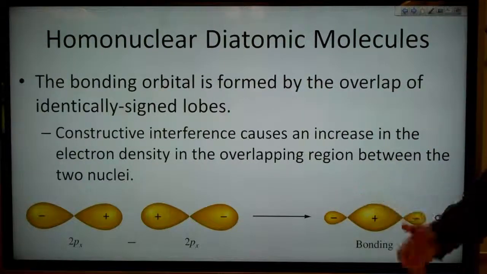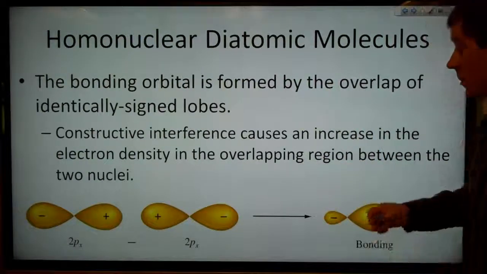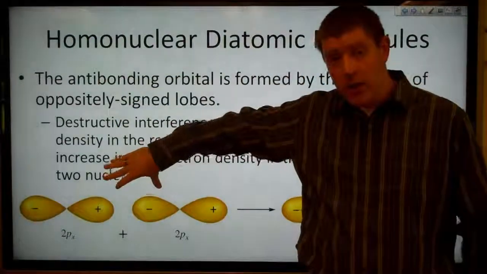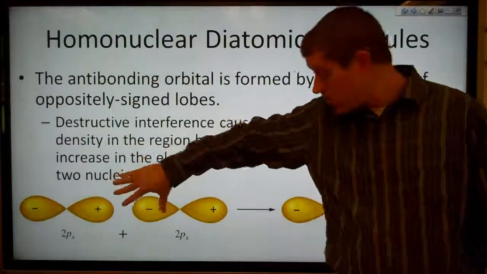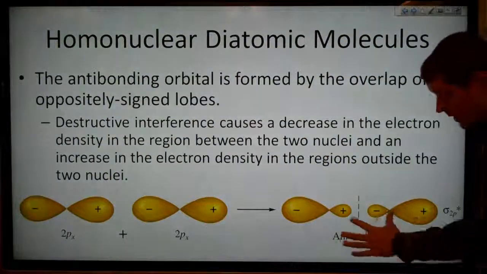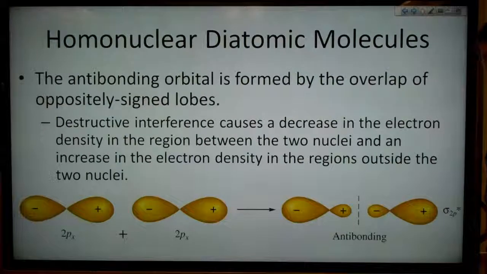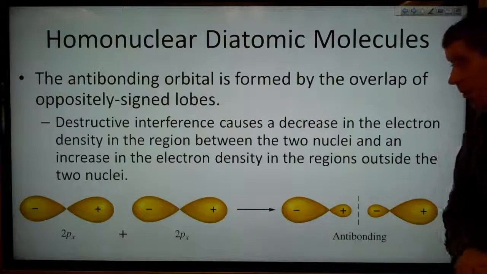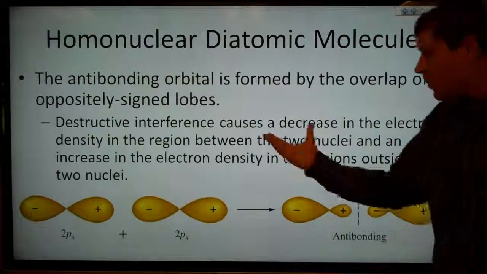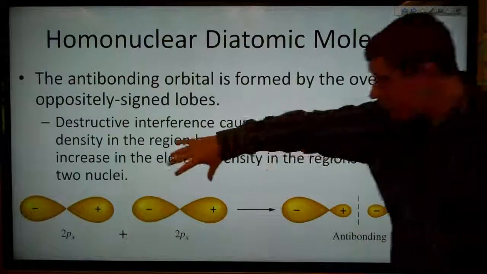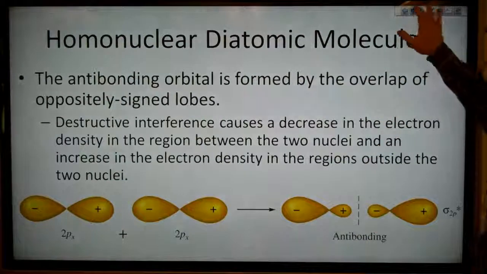That will be a bonding orbital because that will tend to pull our nuclei together. If we have oppositely signed overlapping orbitals, then we get an antibonding orbital, so that tends to push our electrons to the outside of our nuclei. That will tend to pull our nuclei farther apart. This is because of destructive interference in the overlapping of those two orbitals.